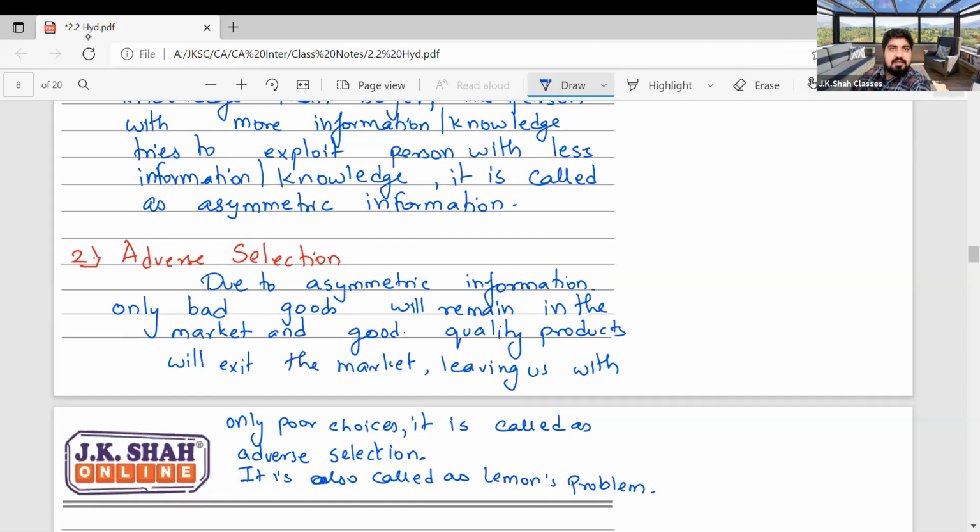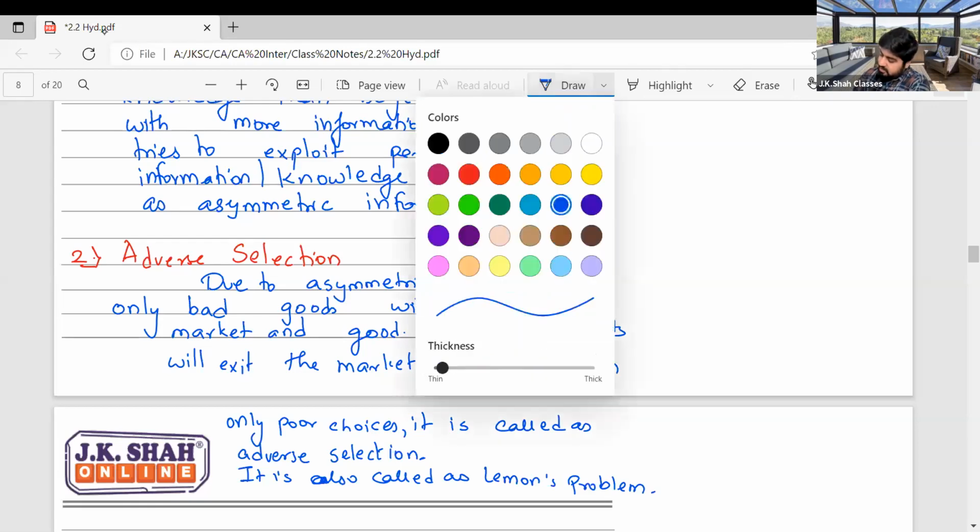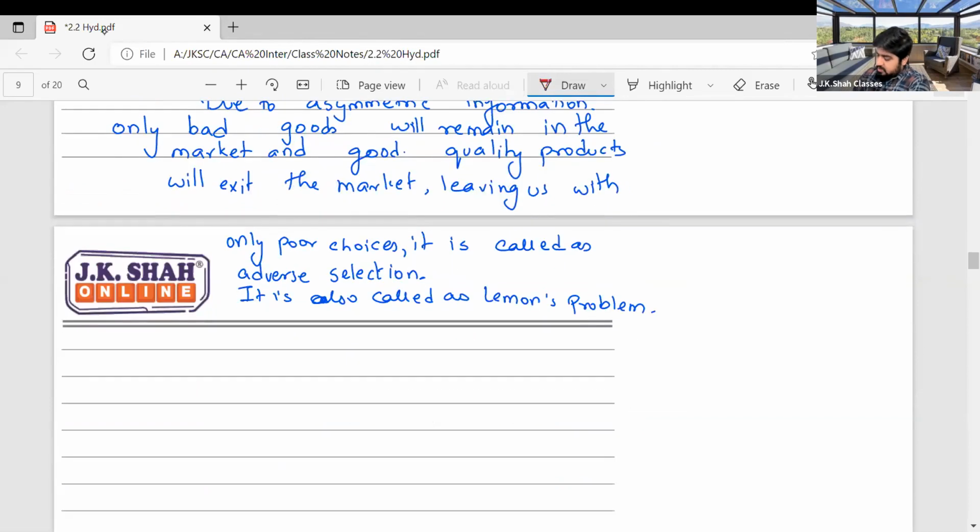That is nothing but market failure, right? So all these things, disturbance in peace of mind, disturbance in productivity, it is called as moral hazard. Please write down the next point. Third point in this is called as moral hazard.